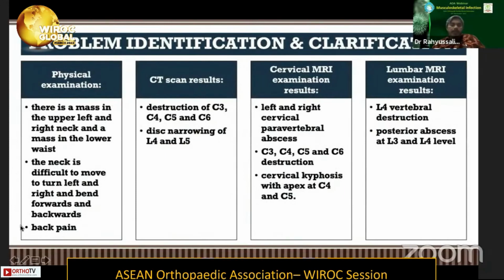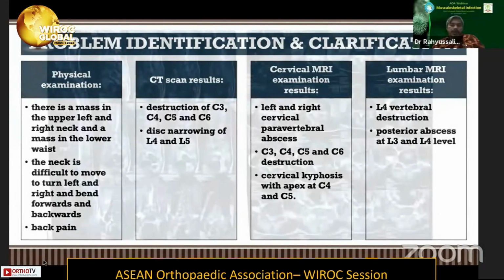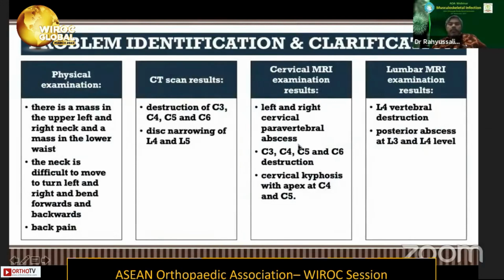So of course we check the problem identification and clarification. We do physical examination, CT scan, MRI, and we check all levels of the vertebrae. Sometimes we need to check not only the vertebrae with the complaint, but also the whole spine.